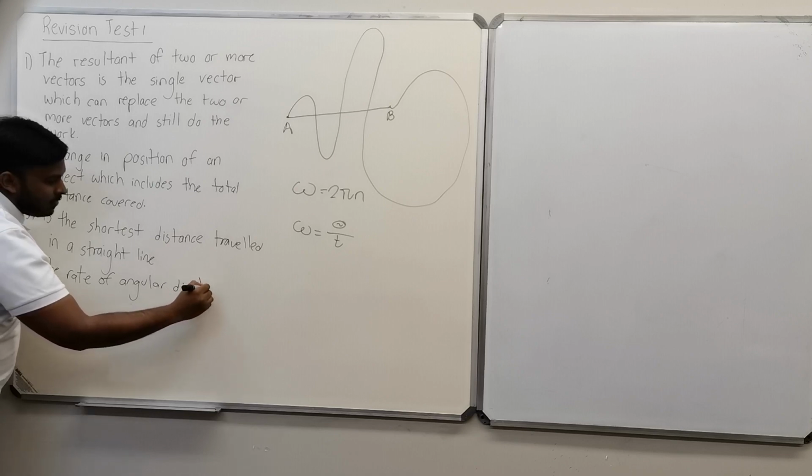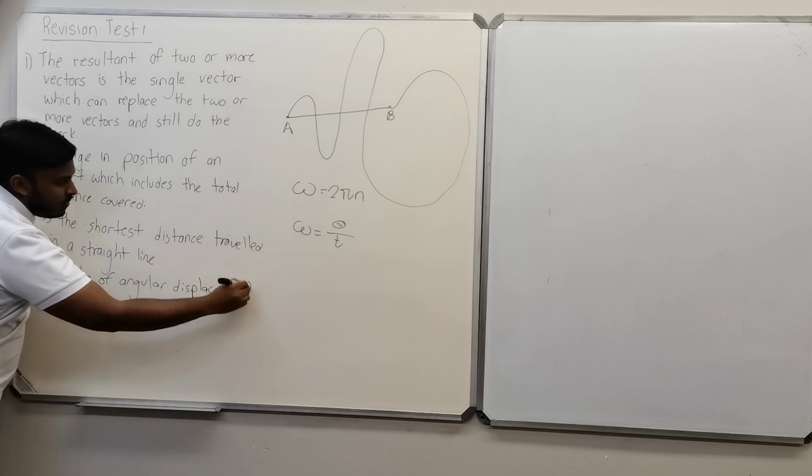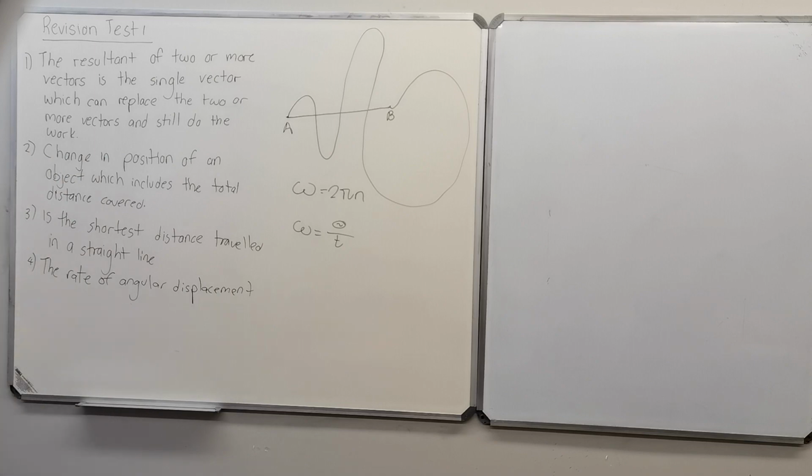Now, let's clear it up. We can use that formula if we're finding angular velocity: angular displacement over time. So you can use it perfectly. However, if they're asking what angular displacement is, you can't say angular displacement is... You can't rearrange that formula, because this formula is specific to angular velocity.